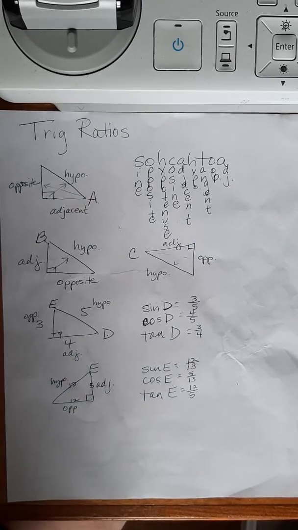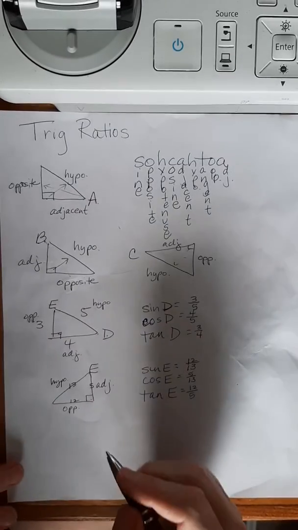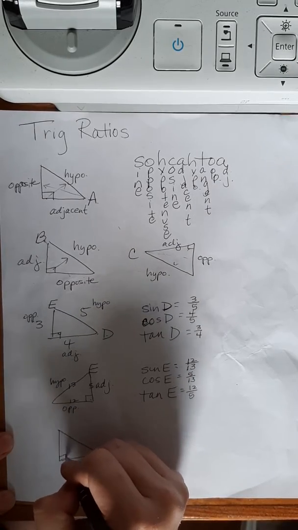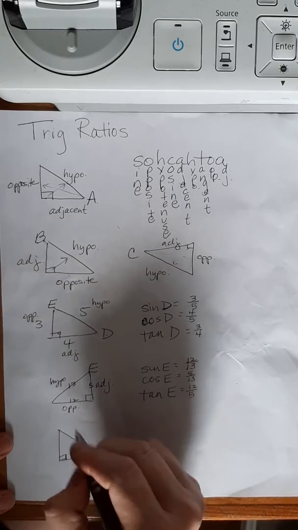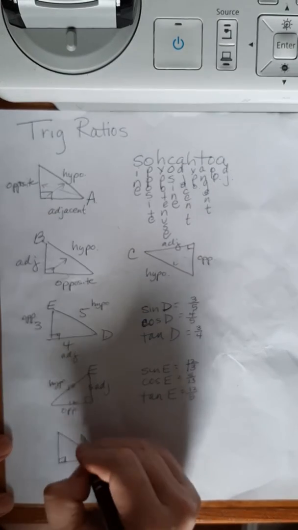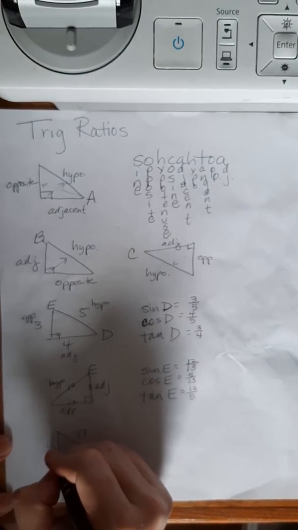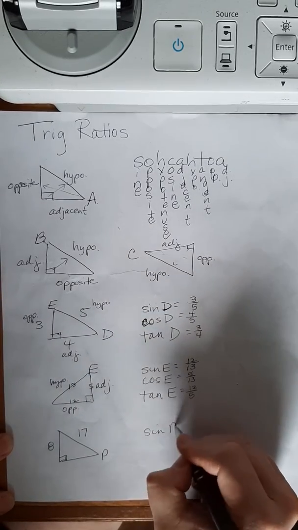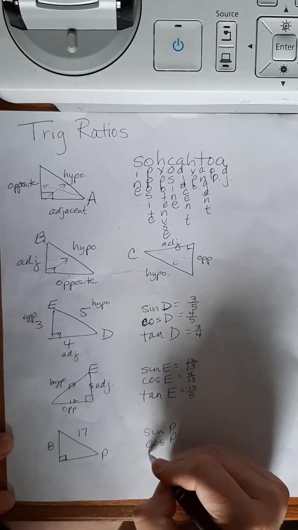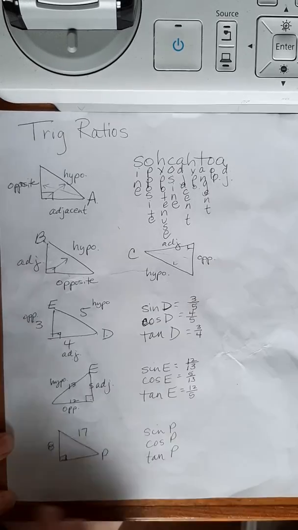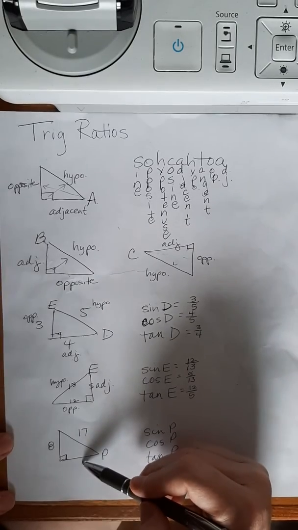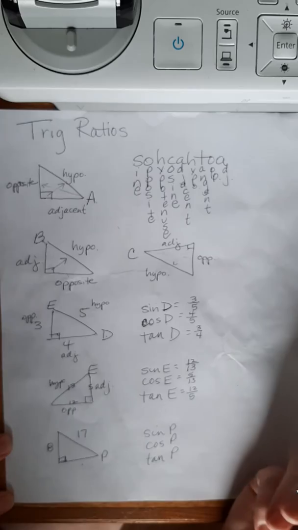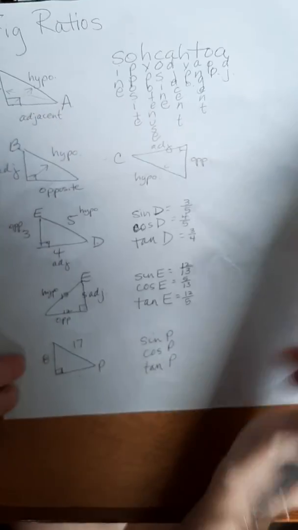Now they could be creative and make it to where you have to find the third side. Let's say I gave you something like 17 and 8 and wanted the 3 trig functions of P. Well, notice how I'm missing a side, but it's a right triangle and I have 2 sides, so guess what I can do?